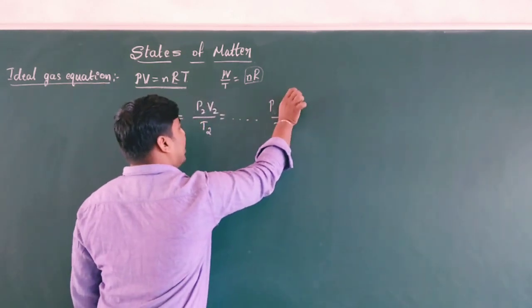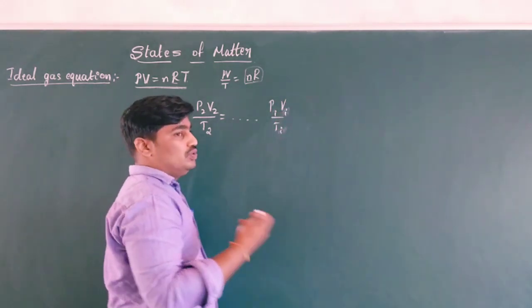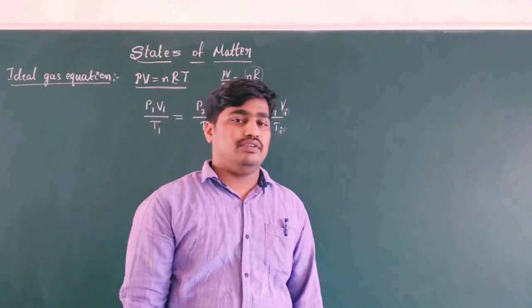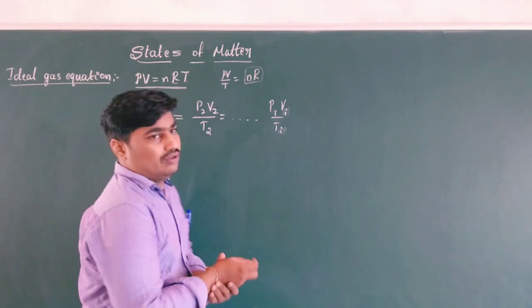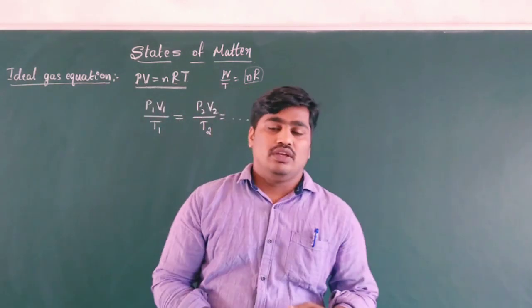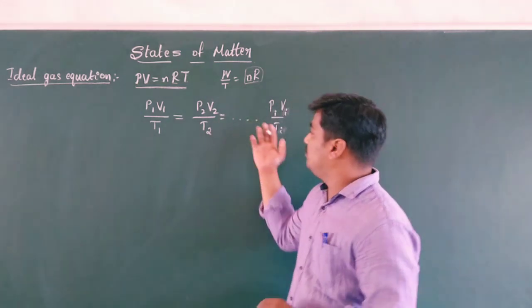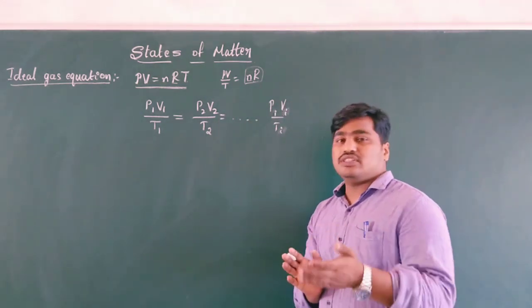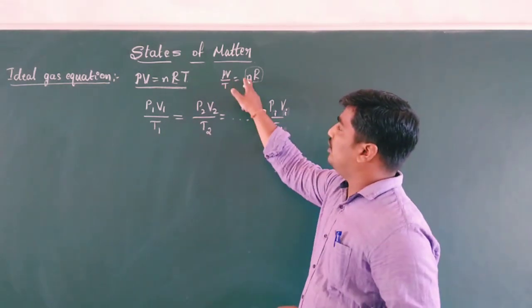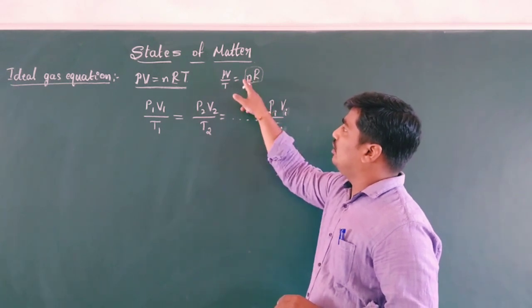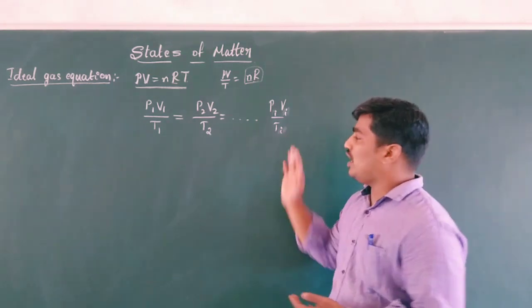It is better to consider the ith gas, because if we use small n, we get confused with n, the amount of gas in moles. The notation used in representing these things is very important. So that's why I am using i.